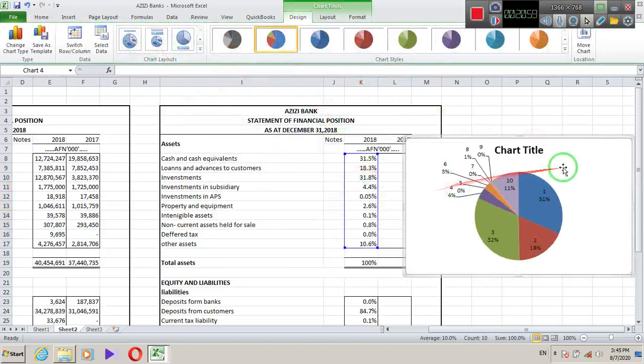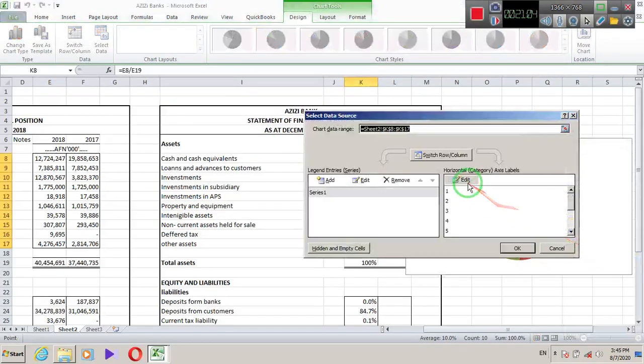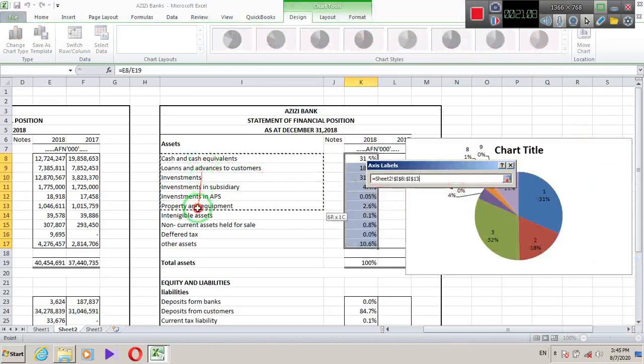Now we can select data, edit this one, select all these data.